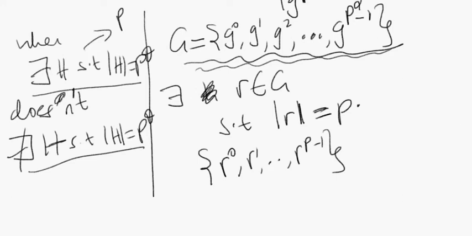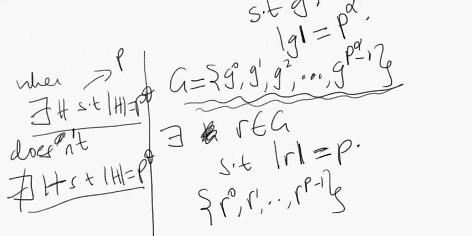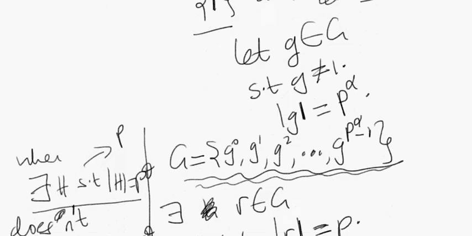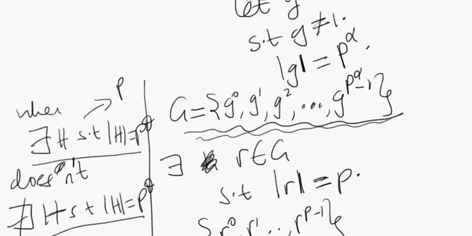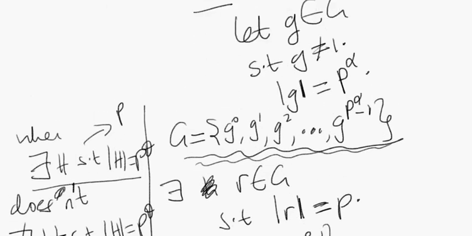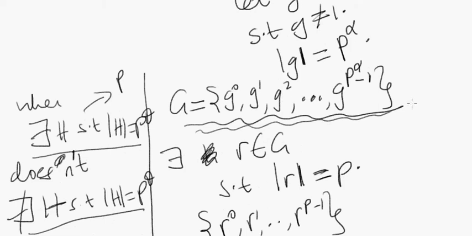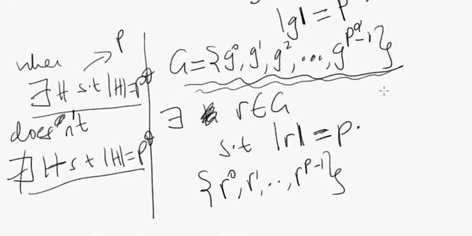So far we seem to have arrived at this idea that if we get some non-identity element of the group G, it must generate the group. That is, the group G becomes cyclic if there is no H such that order of H equals P to the theta. Well, if the group is cyclic, can we prove that the group must have an element of order P, is the question, right?